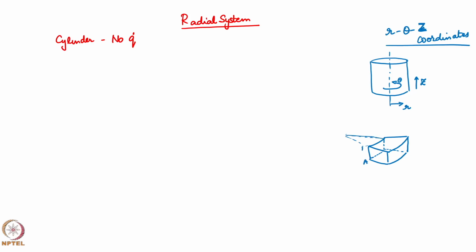So, if I call this A, B, C and D and this E, F, G, H, area A, B, C, D, which is the arc in this part, is smaller than E, F, G, H, because r at A, B, C, D is smaller than r at E, F, G, H. It is a larger arc of the same circle because the radius associated with it is different.